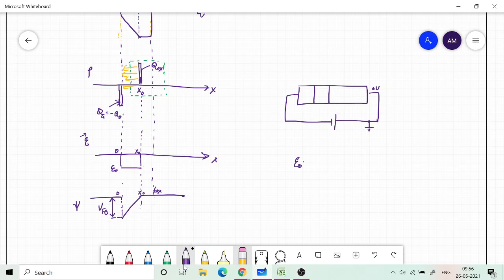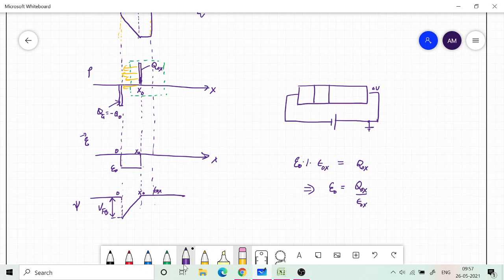So you can write it as E0 into, if I take unit area, so 1, into epsilon, here it is ox, so that is going to be equal to the charge enclosed. Since I am taking unit area, the charge enclosed is going to be Qox itself. Which means that I have my E naught, the electric field magnitude between point 0 and x naught, is going to be Qox by epsilon ox.